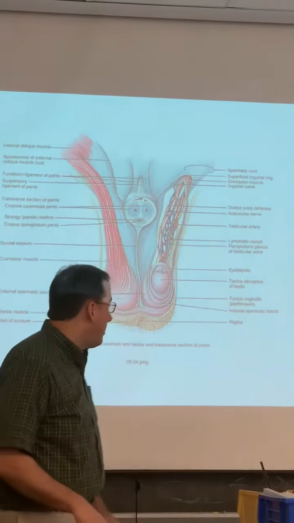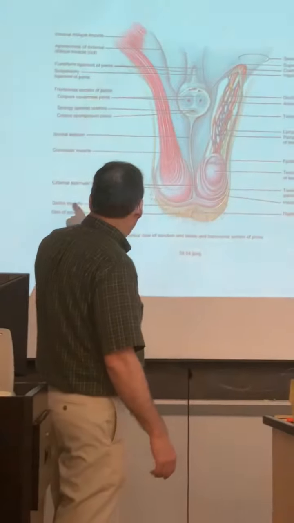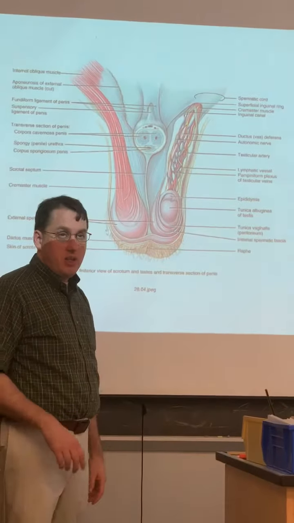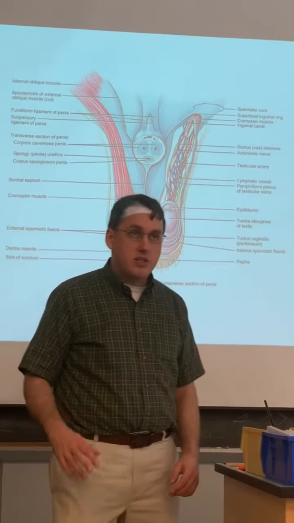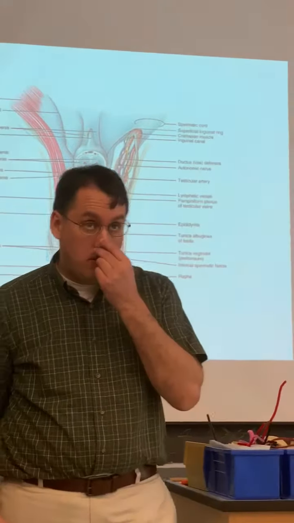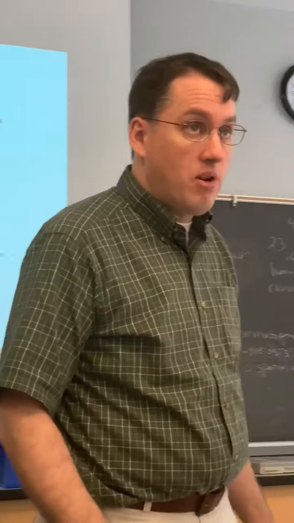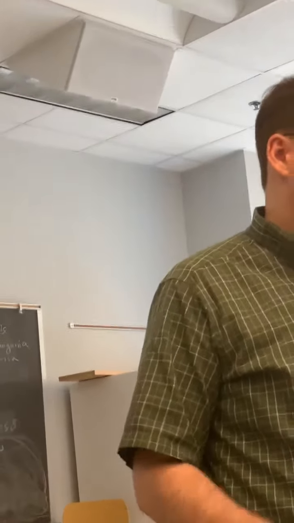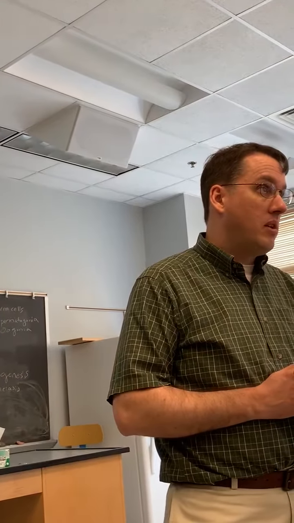This is known as the dartos muscle or the tunica dartos. And what it does is it causes that skin to wrinkle, reducing its effective surface area and reducing heat loss. Right, so it's part of a thermoregulation mechanism.